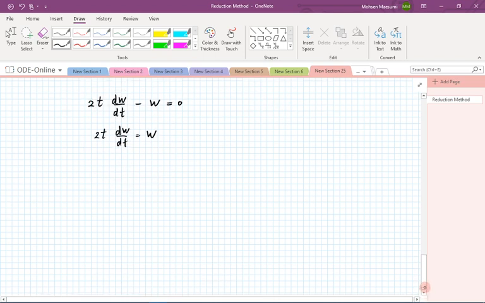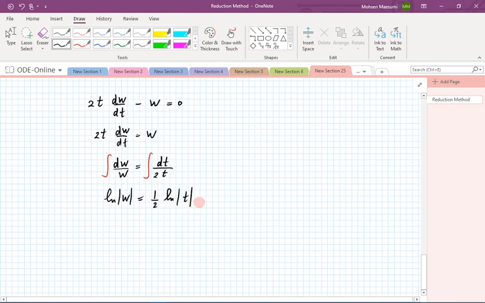The idea was to rearrange, so here's one way you can do it. So we get dt over 2t. So of course now you have differentials. You integrate to see what you get. So the antiderivative of this thing is logarithm of w. The antiderivative of this one is logarithm of t.